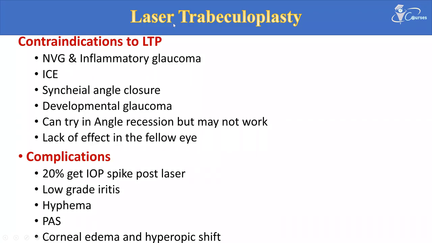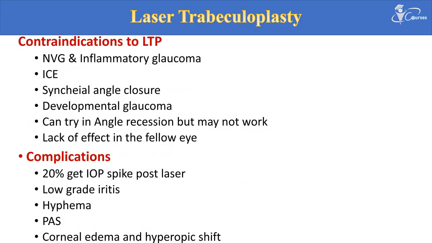So how can you point the laser to the trabecular meshwork? Developmental glaucoma will have an abnormal angle, so you will not find the normal anatomical structures of the angle, and also there will be angle dysgenesis. You can try in angle recession, but usually it doesn't work. And if there is also lack of effect in the fellow eye, you shouldn't do it.